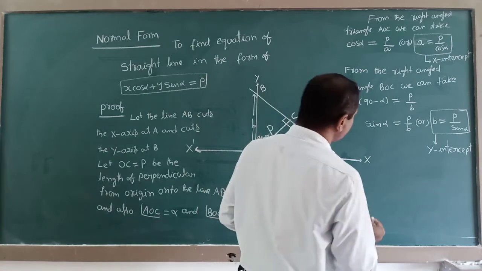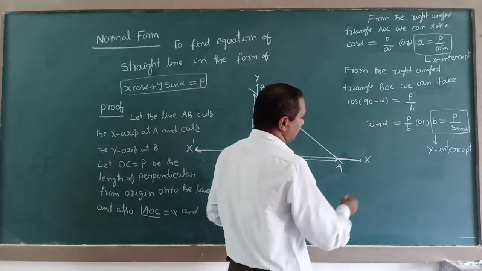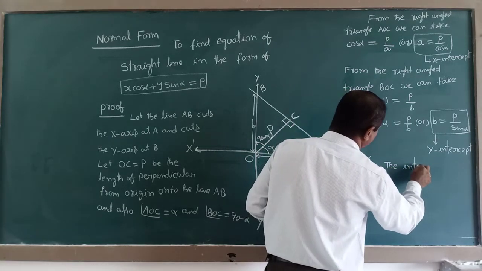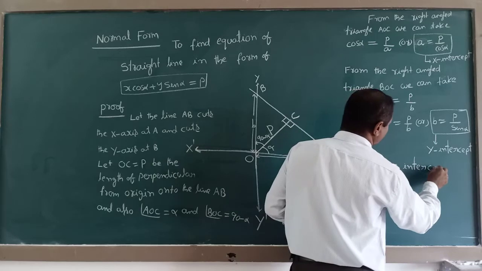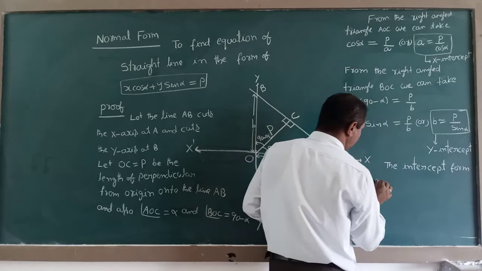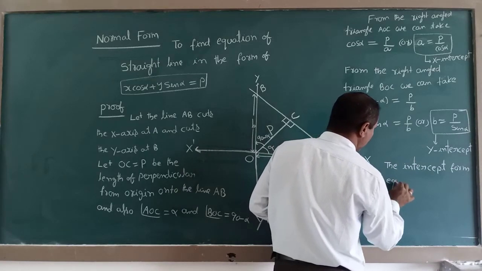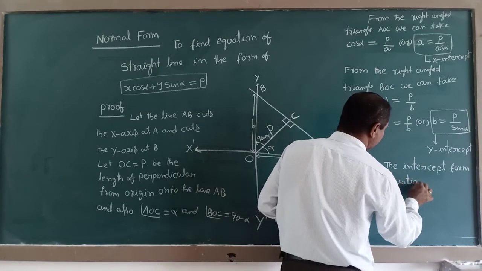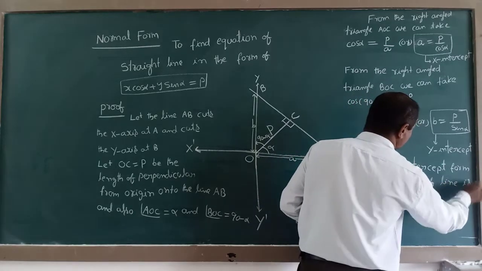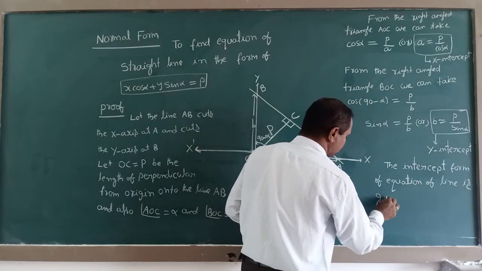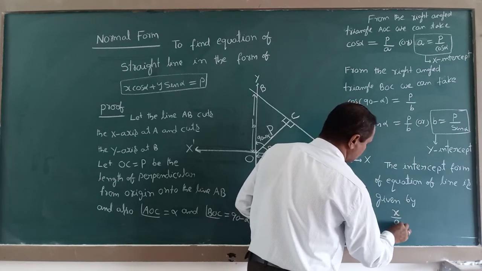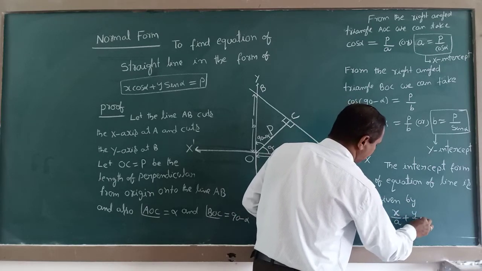See here, the intercept form of equation of line is given by x by a plus y by b is equal to 1.